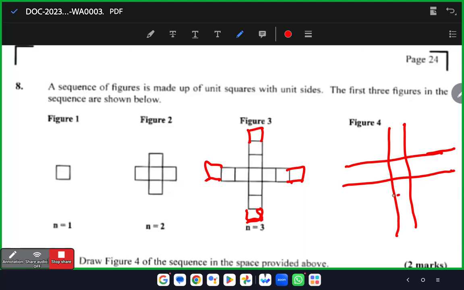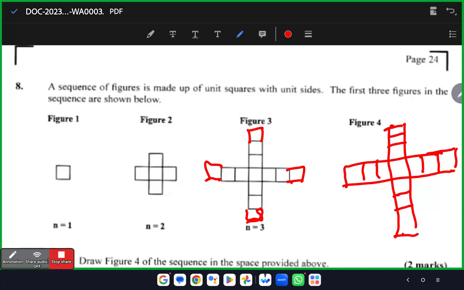Then we'd have 1, 2, all right, 3. This side we'd have 1, 2, 3. Up here we'd have 1, 2, 3. At the side we'd have 1, 2, 3.